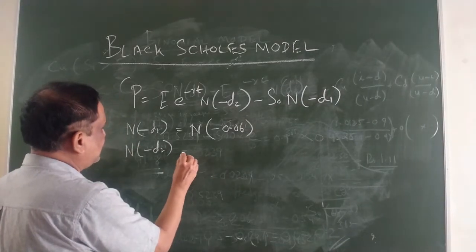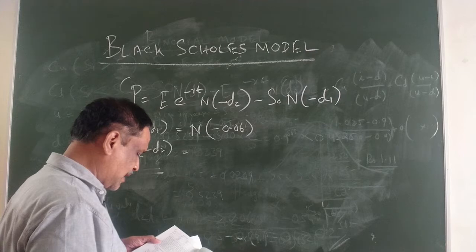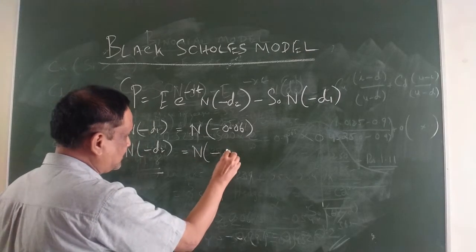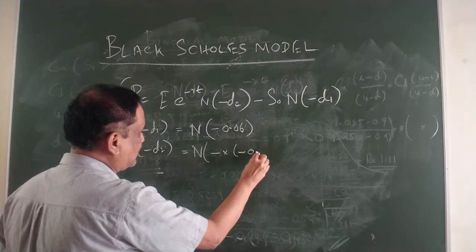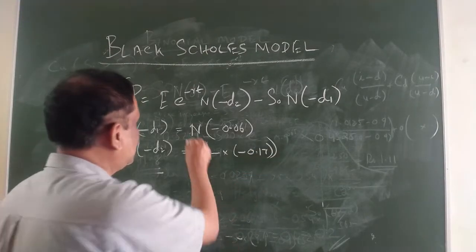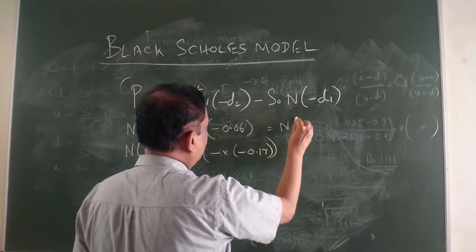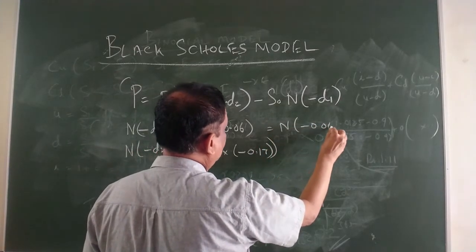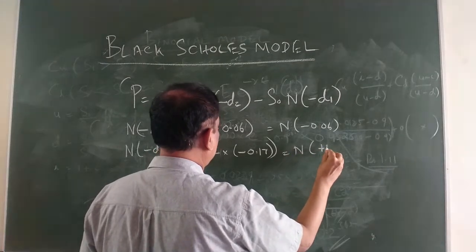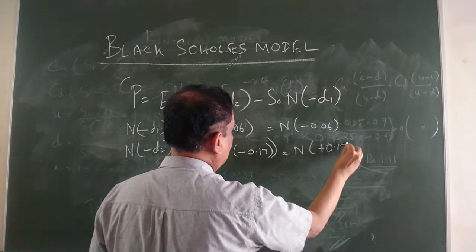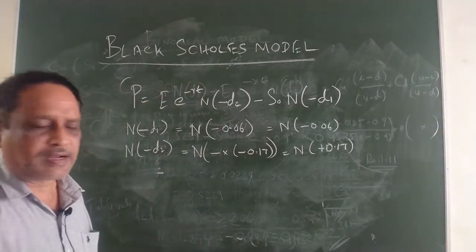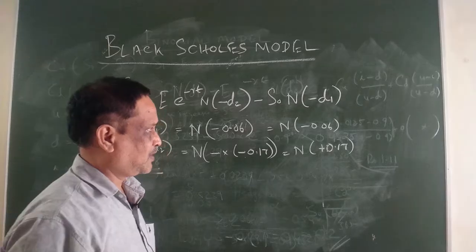And here the D2 value is already minus 0.17, so N of minus D2 becomes N of plus 0.17, as both minuses get cancelled.